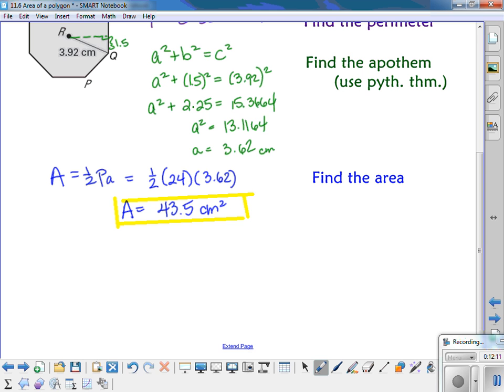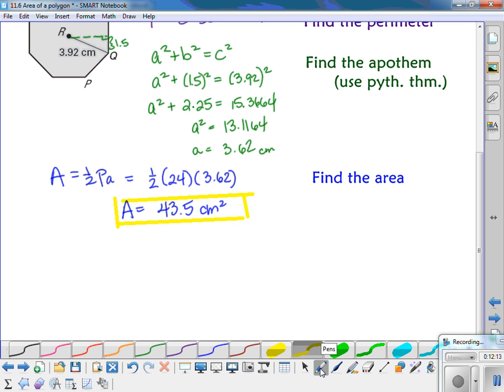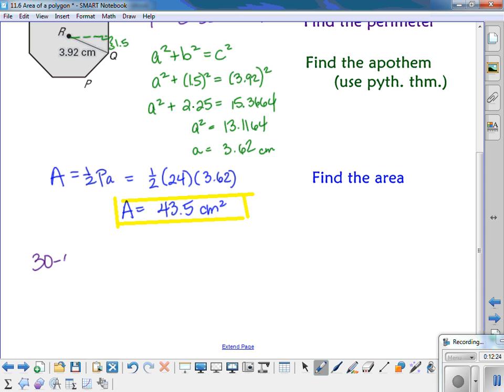So one thing to keep in mind is that you're going to see some of your special right triangles in these. Like that hexagon, we had 30, 60, 90 triangles. So 30, 60, 90 triangles are going to show up when you have hexagons, but they can also show up when you do equilateral triangles.